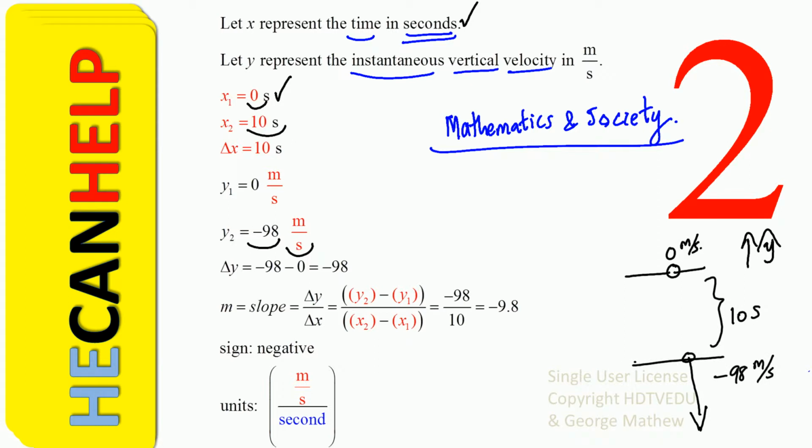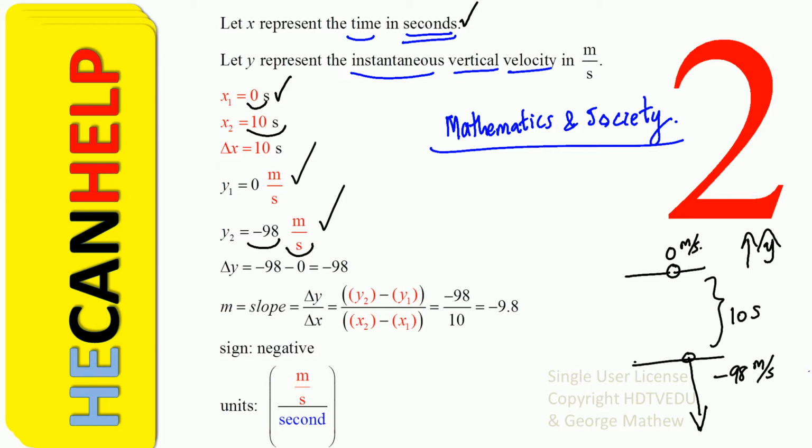Because positive y is defined as vertically up. We are not throwing it up. We are just letting it go from rest at t is equal to 0. 10 seconds later, our velocity is negative 98 meters per second.